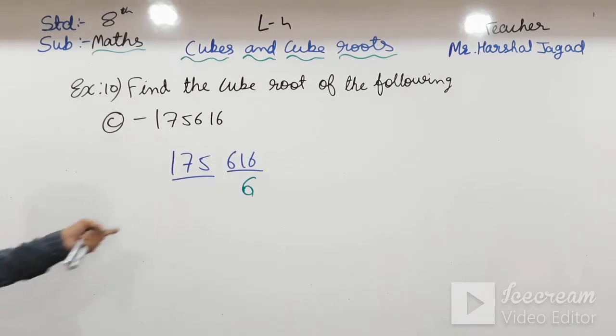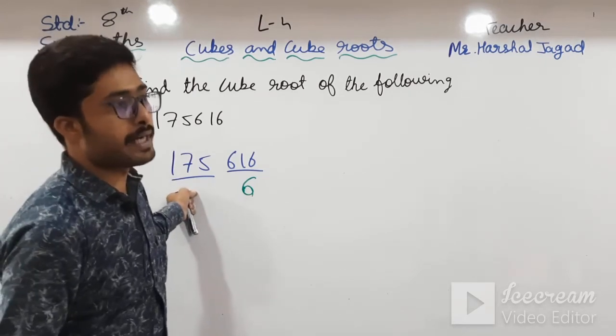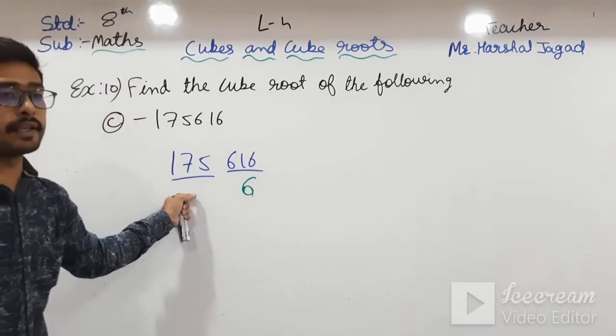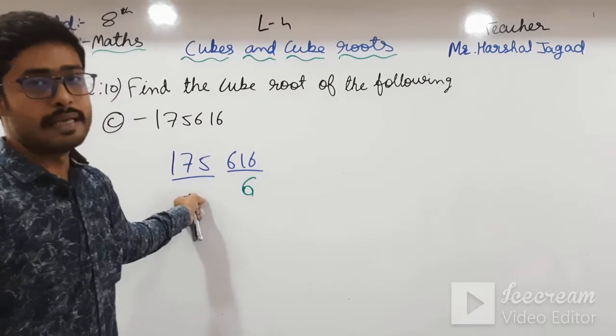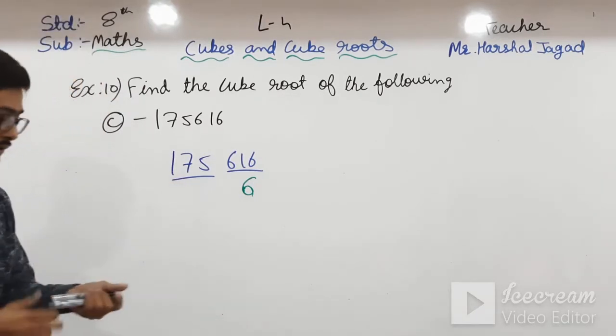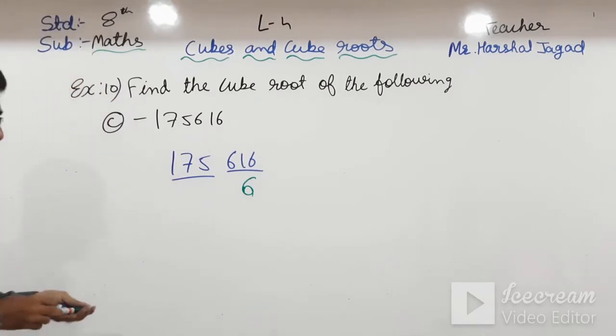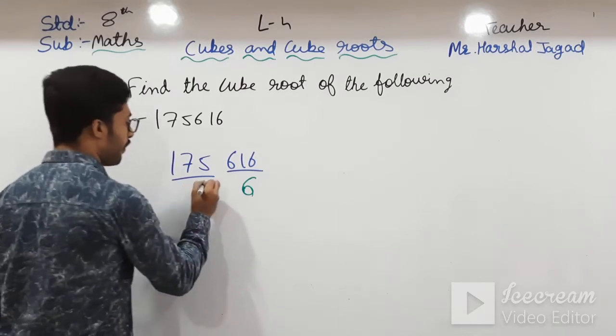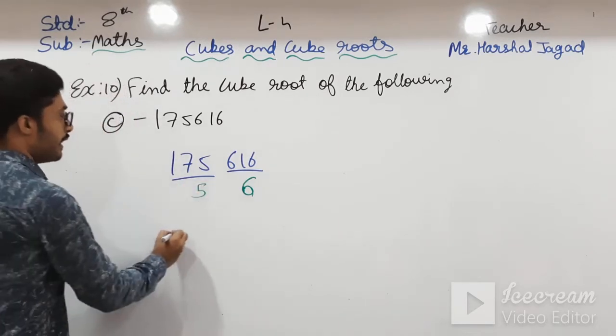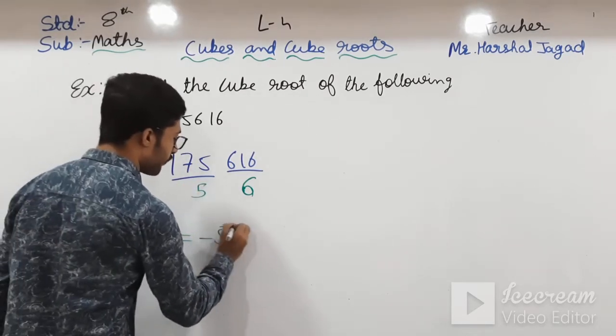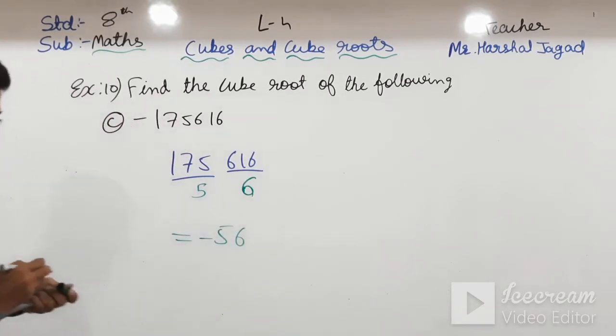If we take the cube of 5, then it is 125, and if we take the cube of 6, then it is 216. So the largest cube less than this number is 5. Okay students, so its cube root is minus 56. Please note this down, students.